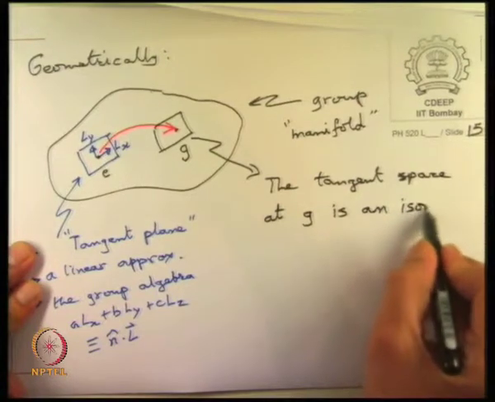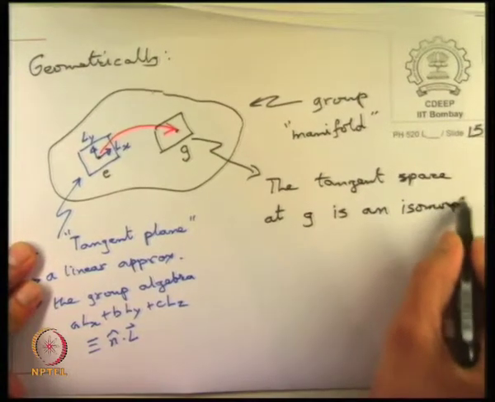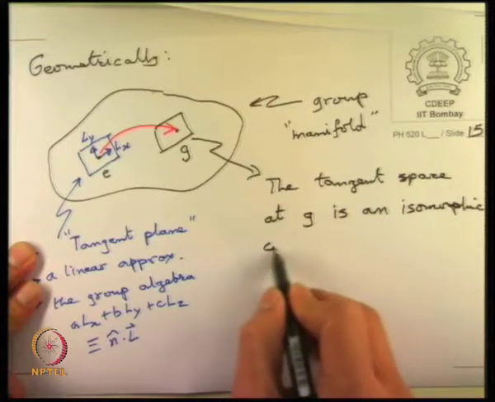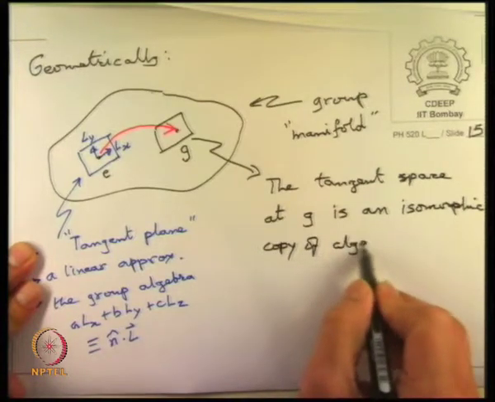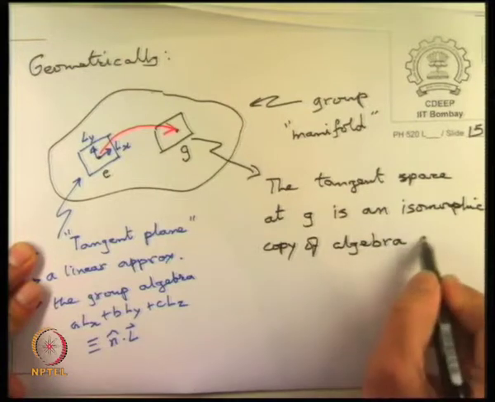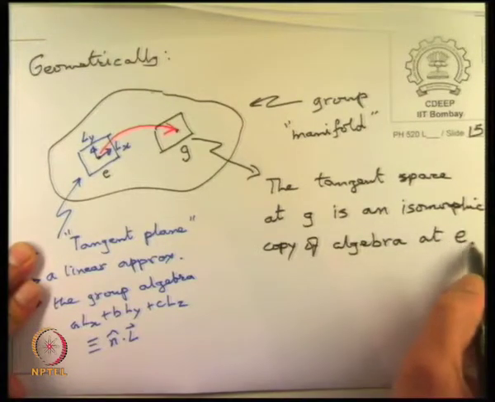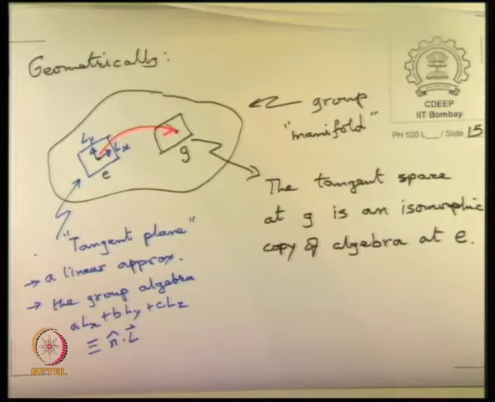Isomorphic copy of algebra at E. Didn't prove all that, but this is what geometrically it will come out.